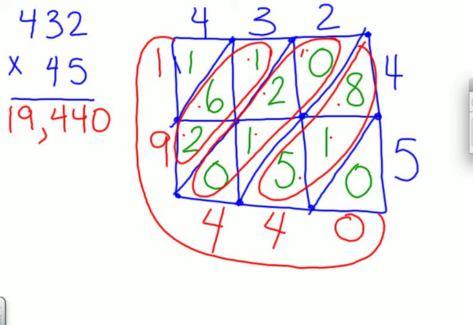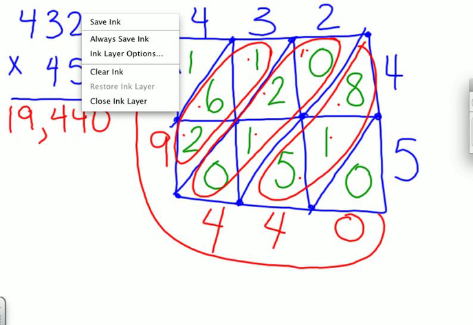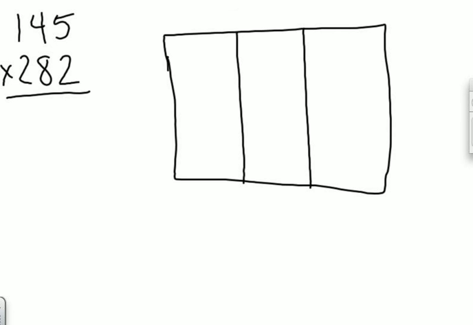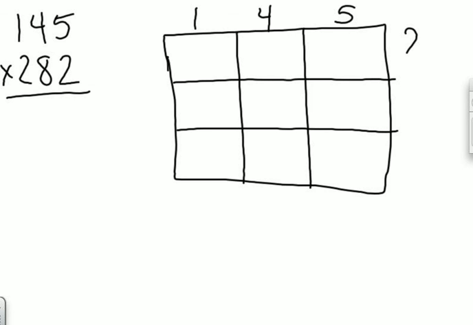Okay? Now if I were to do the same problem with a 3-digit by 3-digit number, let's do 145 times 282. I would need to make a 3-column by 3-row square, since each of the numbers has 3 digits. So here's 3 columns, 145, in 3 rows, 282.